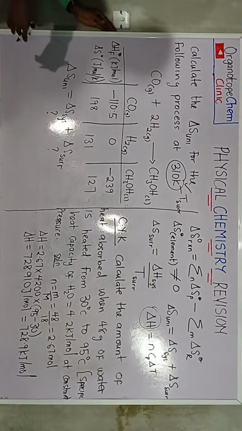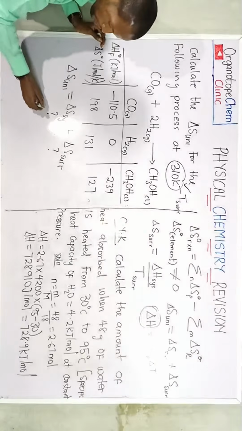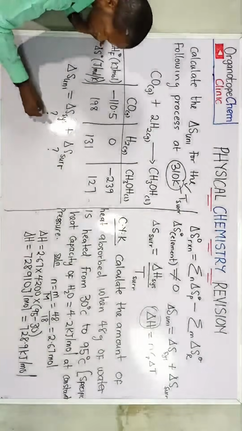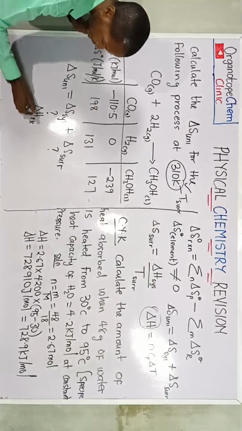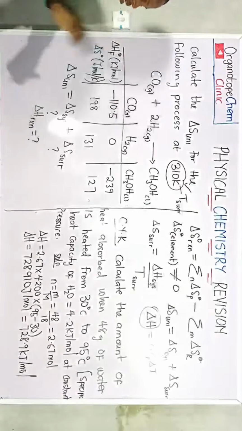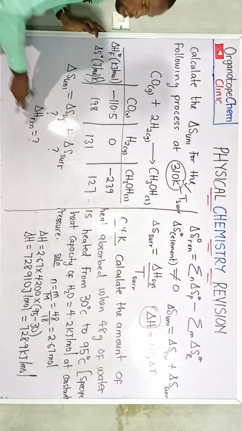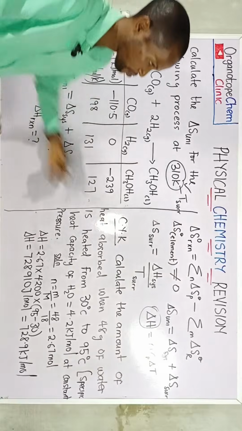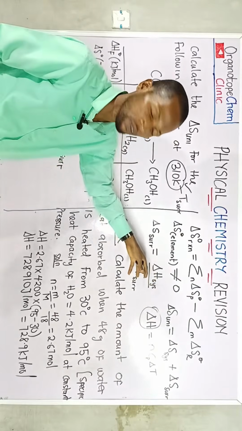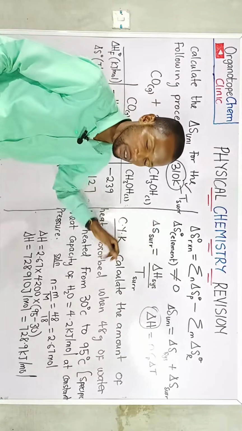So this particular question has three unknowns: 1, 2, 3. If we know the enthalpy of the reaction, also known as the enthalpy of the system, we can find the entropy of the surrounding.